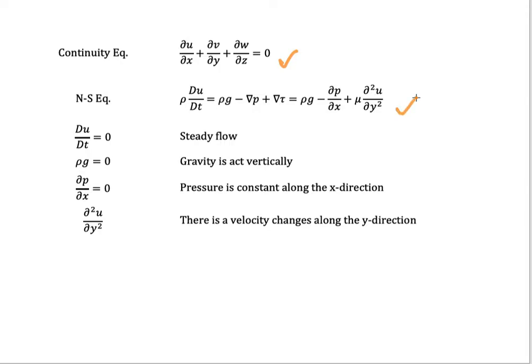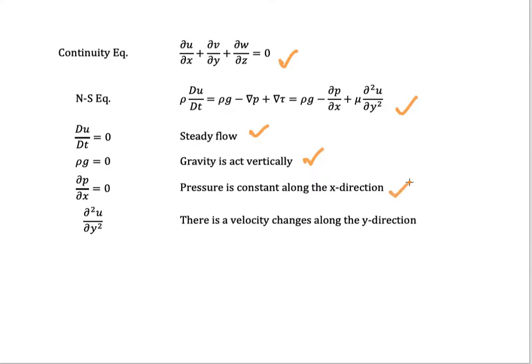So we could take du/dt equal to 0 because it is a steady flow, and because the gravity is vertical, we could get rho g equal to 0, and then the pressure is constant along x. So we take dp/dx equal to 0.